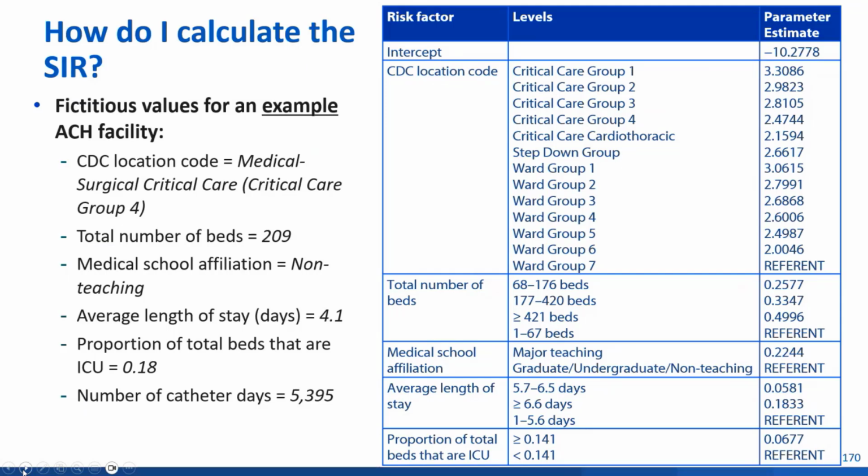The next variable is total number of beds, which is 209. And this value fits into the second level for this factor, which is labeled 177 to 420 beds. And the corresponding parameter value for this level is 0.3347. And that will be the contribution to the predicted number of events for this factor. So we repeat this process for the rest of the factors. Next slide, please.